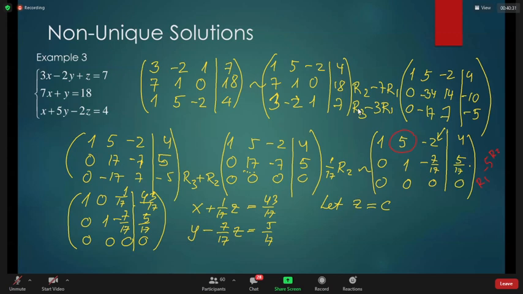Then x is 43/17 minus c/17. So I will write it like this. And then y would be, as we can see from this, 5/17 plus 7c/17. And this is the solution.